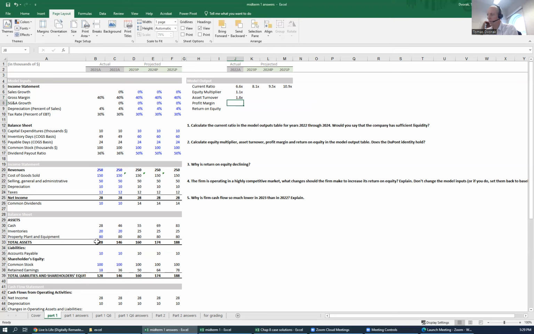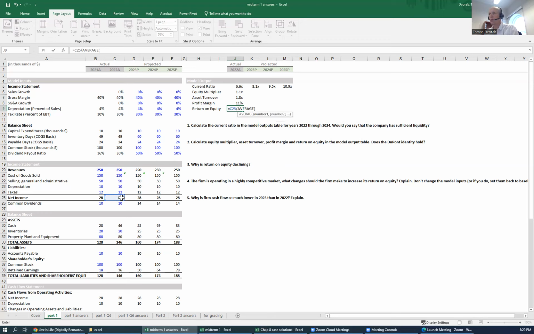Perfect. Profit margin is just net income divided by sales. That works just fine. And return on equity is going to be net income divided by average of equity.